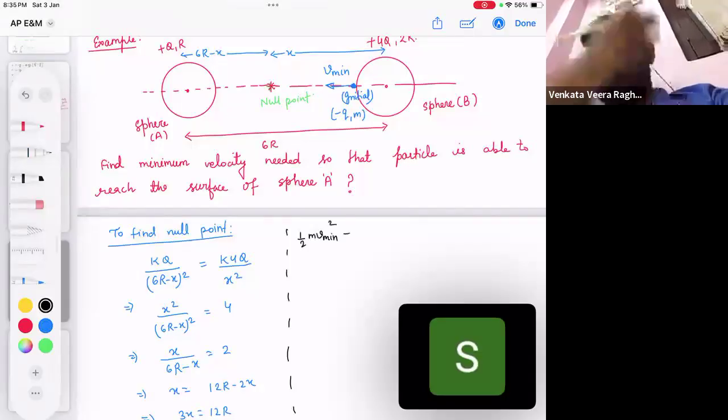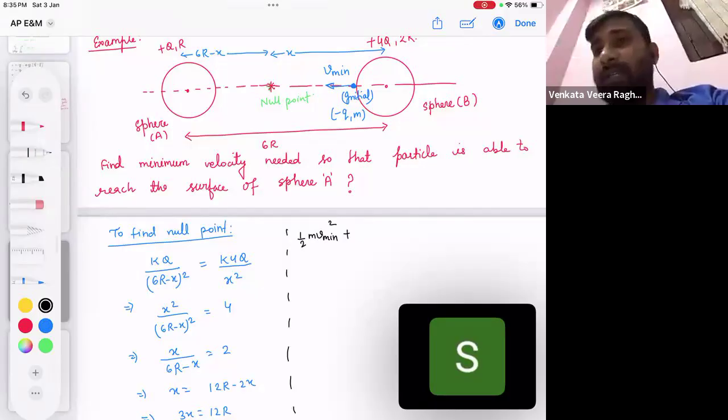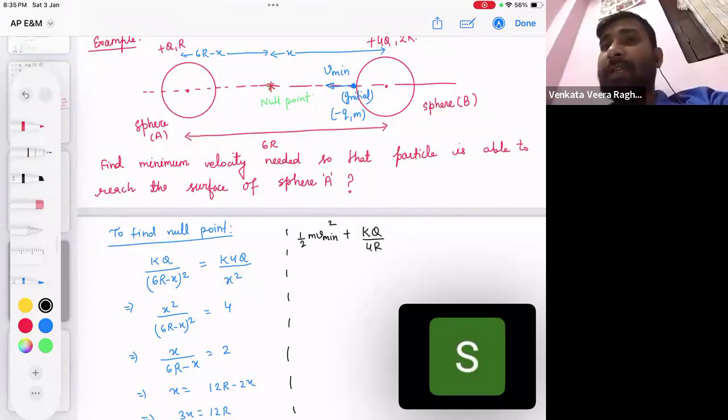Plus initial potential energy. Initial potential energy due to sphere A, tell me how much it will come. So for sphere A, if I am writing, will it be equal to kq by 4r? Please check it. Because 6r is the distance between the spheres, right? Initially the particle is here.